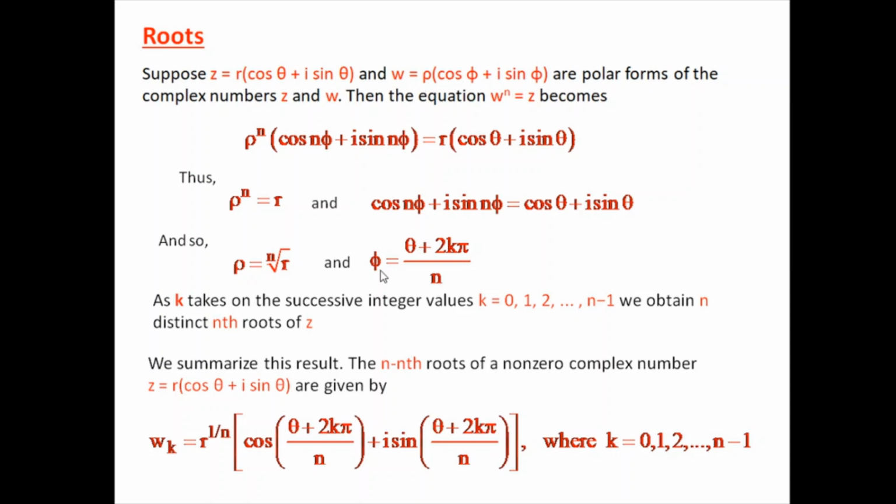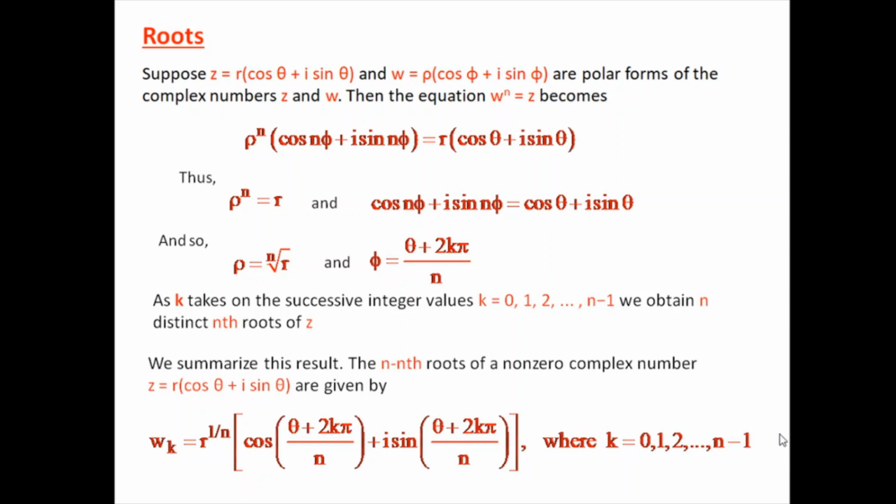So rho and phi are calculated, and we substitute them here to find that it's the nth root of r times cos of theta plus 2k pi by n plus i sin of theta plus 2k pi by n, where k will vary from 0, 1, 2 up to n minus 1. So k equals 0 gives the first root, k equals 1 gives the second root, and so on. The k value n minus 1 gives the last distinct root.